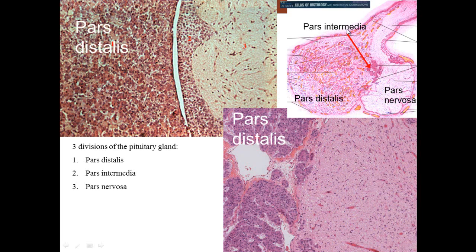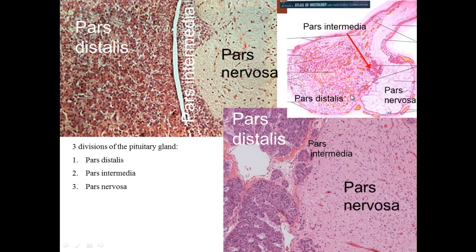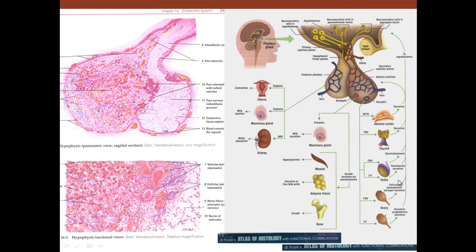So the pars distalis here and here, pars intermedia here and here, and the pars nervosa, that is basically nervous tissue, even though you do have support cells, the pituicytes, in through here, but they're just support cells. So again, we can see the adenohypophysis has three components, and the neurohypophysis that we see in through there.